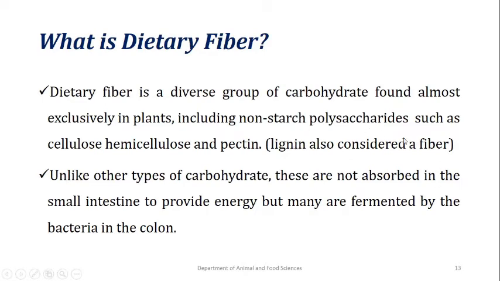Lignin is also considered a fiber, but lignin is not a carbohydrate, and there are other examples. Okay, unlike other types of carbohydrates, these are not absorbed in the small intestine to provide energy, but many are fermented by the bacteria in the colon. So that is the basic difference between dietary fiber and other forms of carbohydrates.